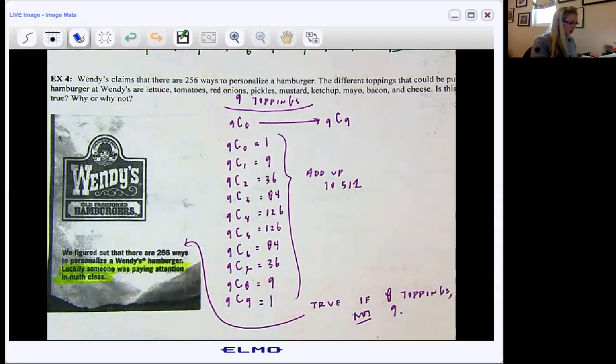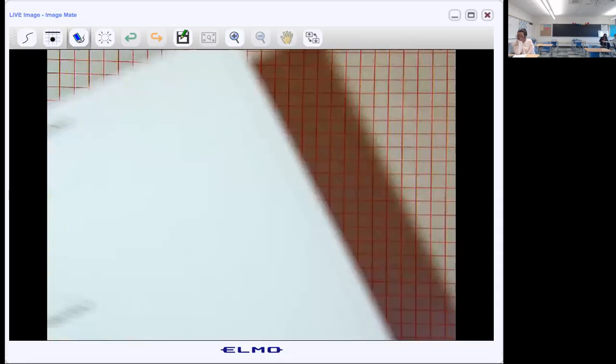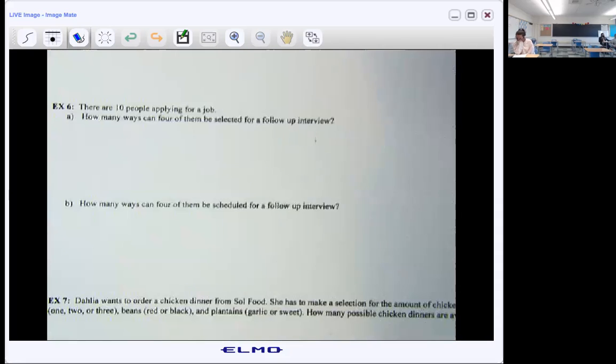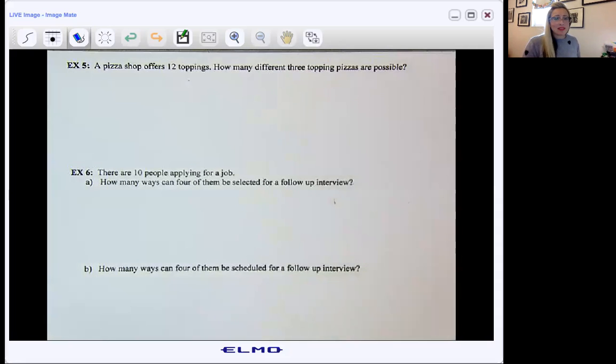Let's get my third sheet. All right, so example 5. Here we have a pizza shop. They offer 12 toppings. How many different 3-topping pizzas are possible? So I need to think for a moment.